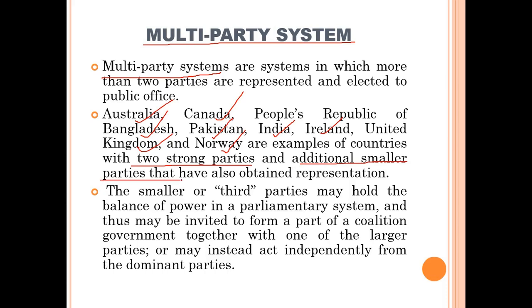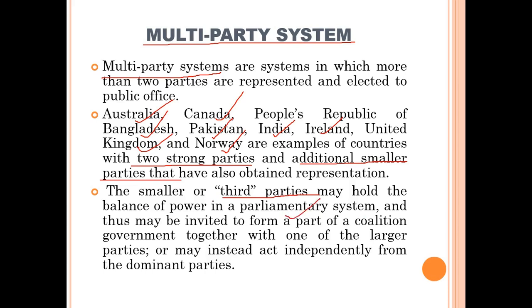If you look at India nowadays, since the coalition era started in India, here also two main national parties are working: the Congress Party and the Bharatiya Janata Party. The smaller third parties may hold the balance of power in a parliamentary system. India has a parliamentary system.